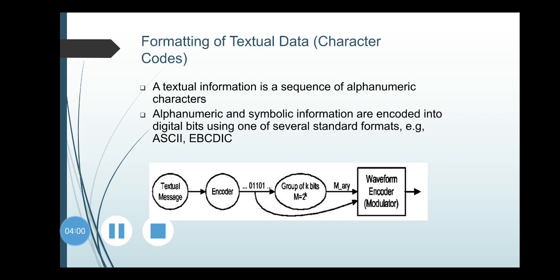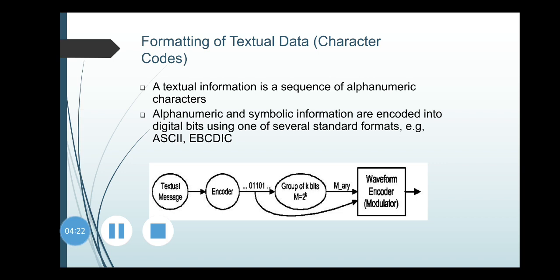Coming to the block diagram which is representing us here, a textual message is converted into an encoded format by making use of the standard formats that are available like ASCII and EBCDIC, and those bits are now grouped as a group of k bits.